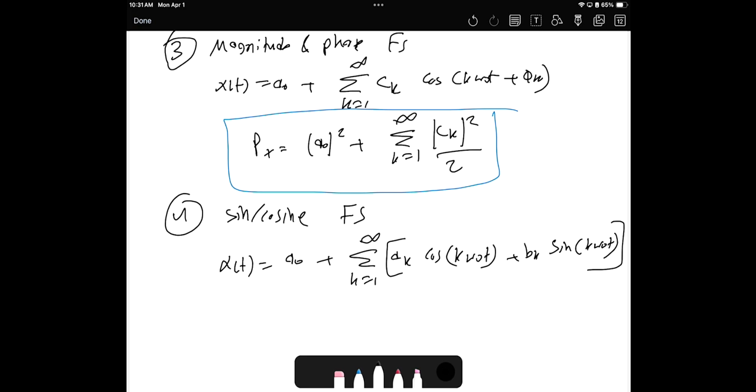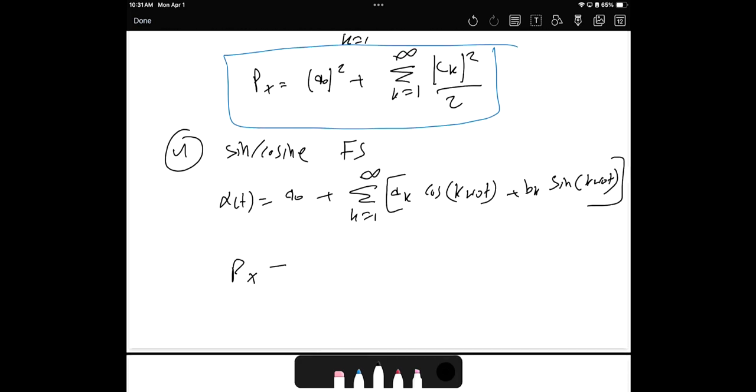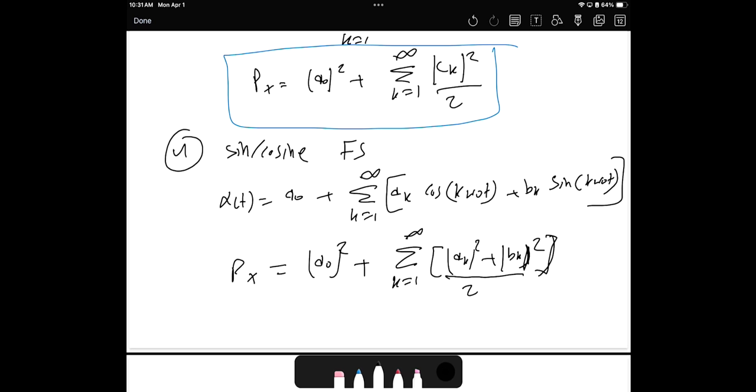Then how to find the power? It will be a naught squared plus the sum from k equals 1 to infinity of a sub k squared plus b sub k squared, divided by 2. Okay? a squared plus b squared divided by 2. So this is number 4.